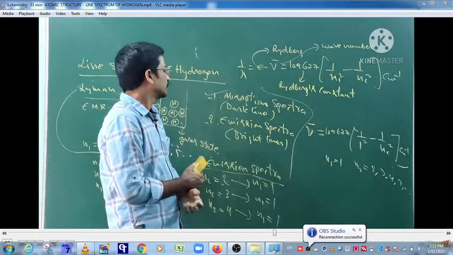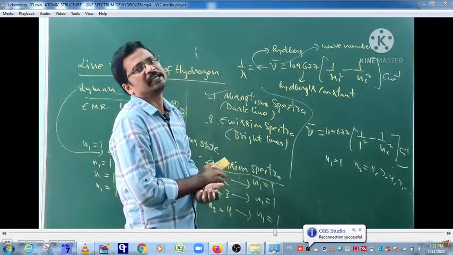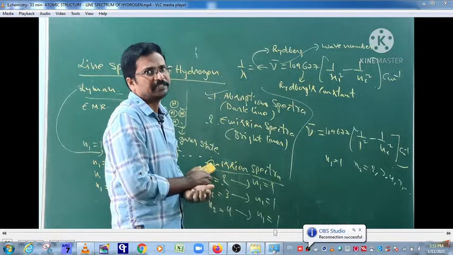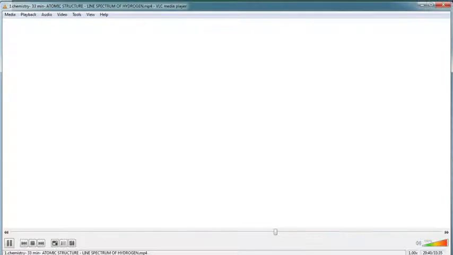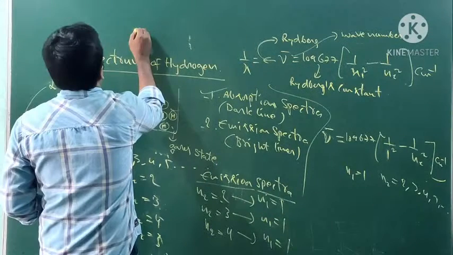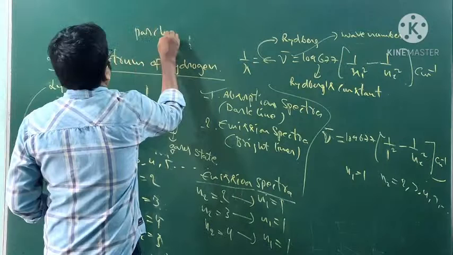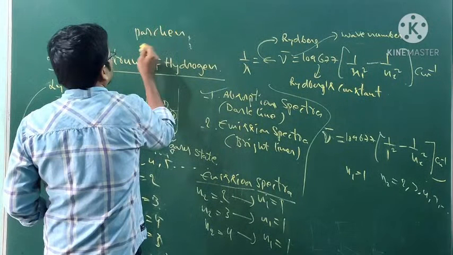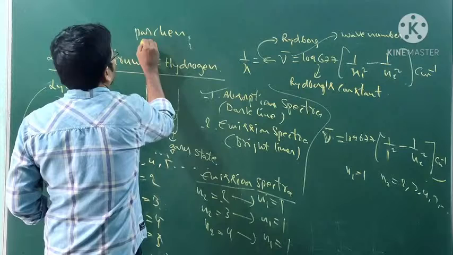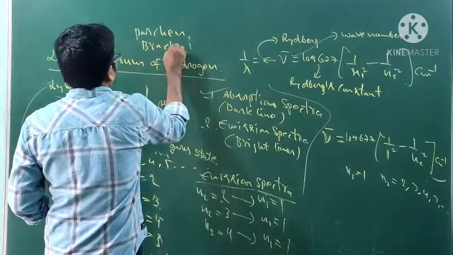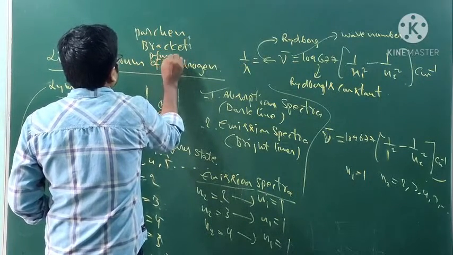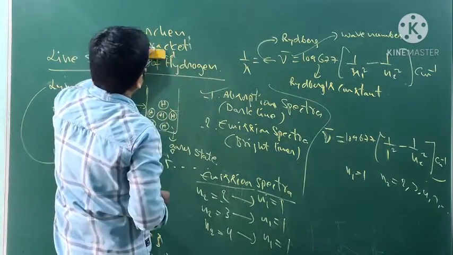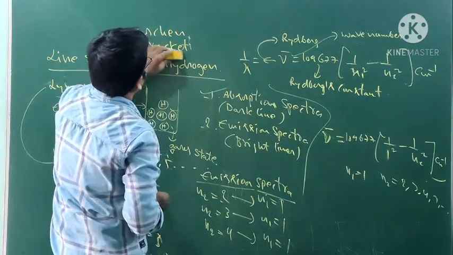Okay. Next scientist will come, Paschen. Next one is Brackett. Next scientist Brackett, and next scientist Pfund.